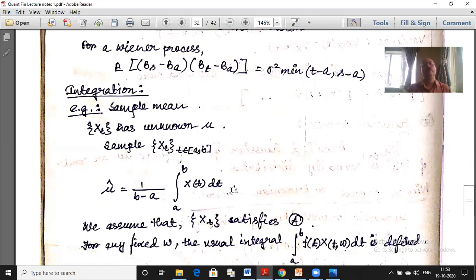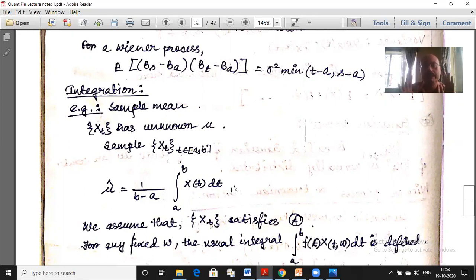So this is one natural occurrence of integration in statistics. And when we talk about a continuous parameter stochastic process, then the corresponding data that we can think of is also a continuous parameter time series. In the discrete domain, it's a natural candidate.